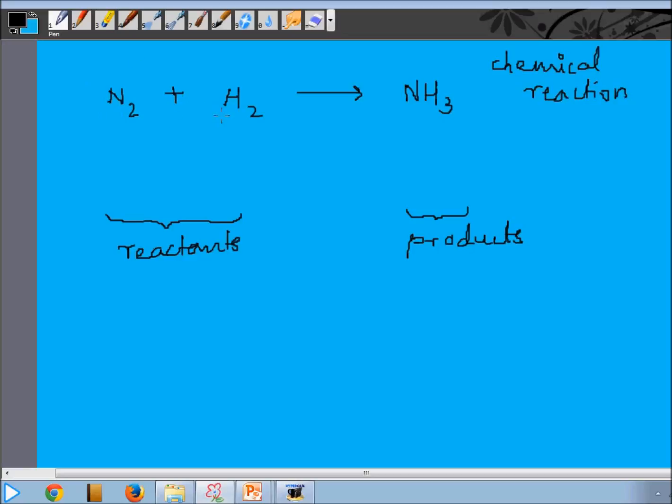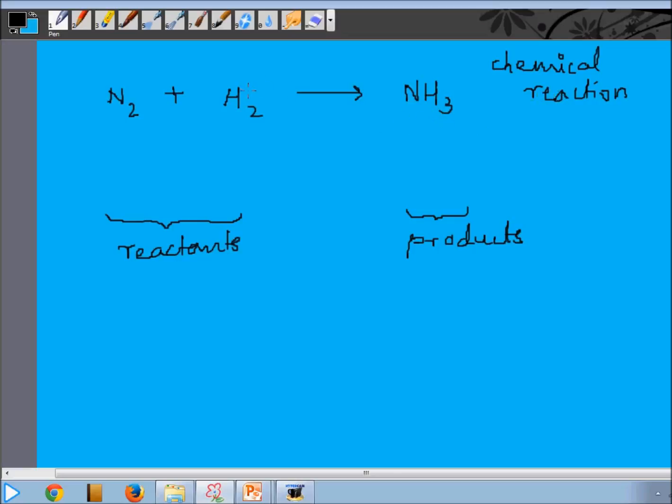So the reactants get converted into products. There is a change of molecules here. Initially I had a molecule of nitrogen and molecules of hydrogen, but ultimately what I am going to obtain are molecules of ammonia. So there is a change of substance, a change of molecules. Similarly, there is going to be a change of energy here.